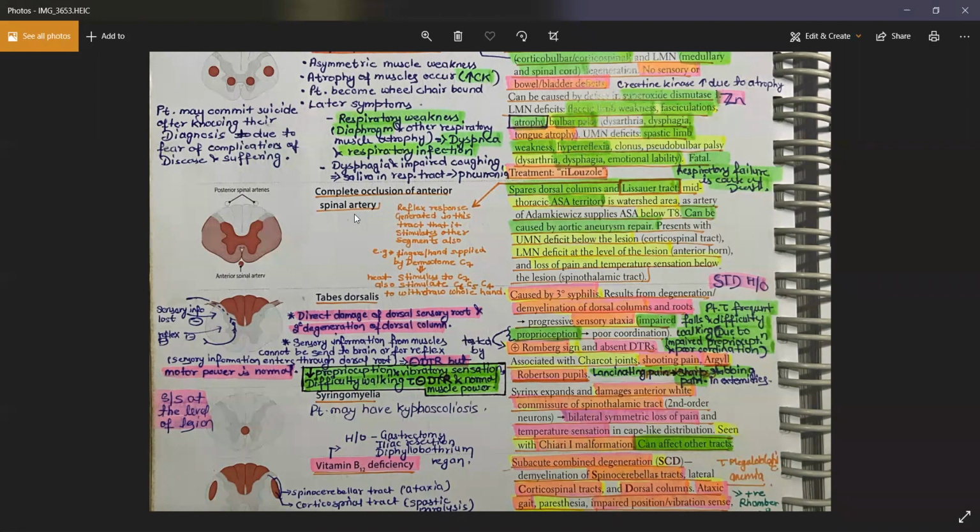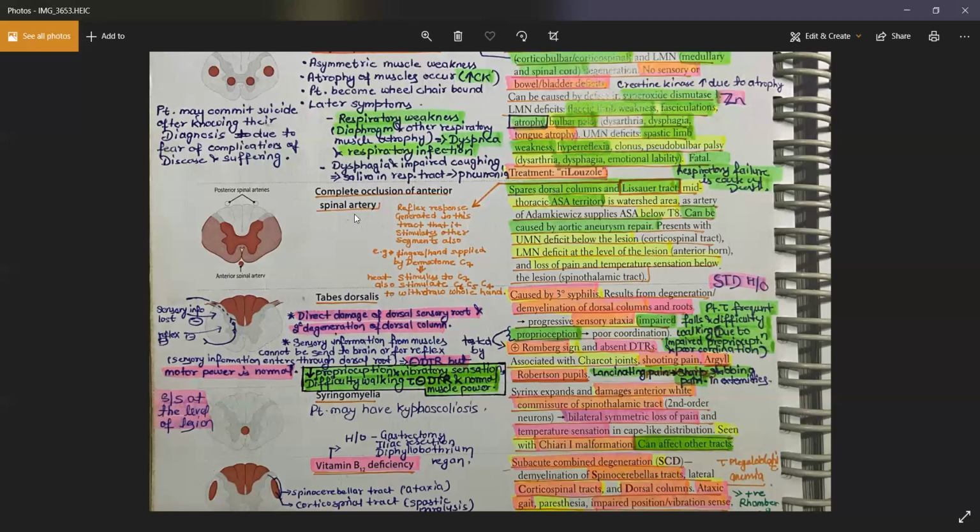Little medullary syndrome. Remember? It wasn't the lateral, it is anterior. What branch can cause a medial medullary syndrome? I was telling you. Posterior inferior cerebellar, PICA, right?